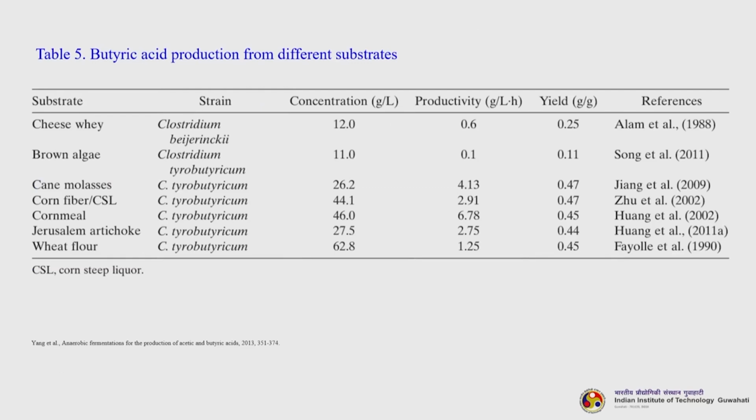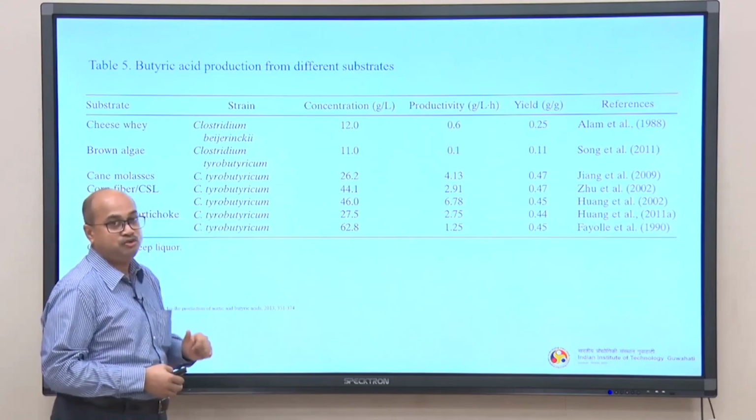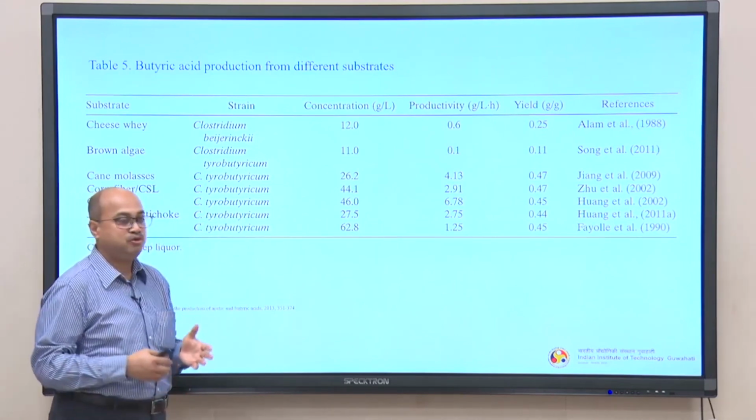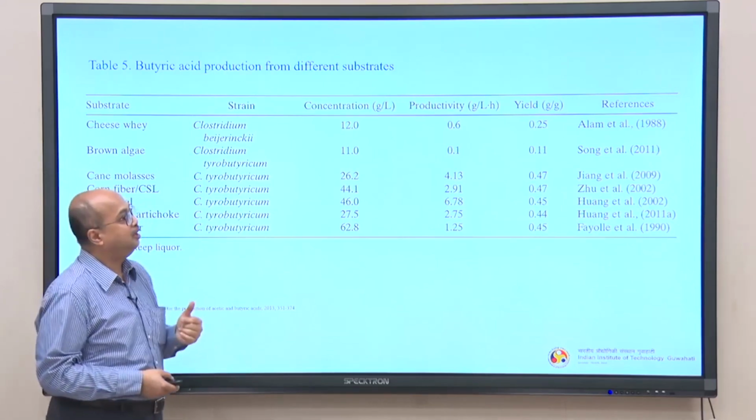Yes, so we can go through this table which lists some of the butyric acid production from different substrates, the strains, the concentration, productivity and yield. Let us see the cheese whey by using the Clostridium beijerinckii. So, the concentration is 12 grams per liter, productivity is 0.6 gram per liter per hour, yield is 0.25 grams per gram.